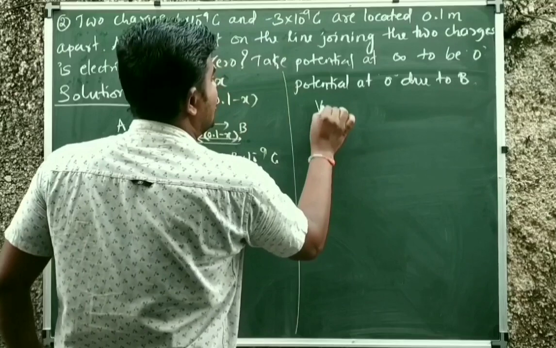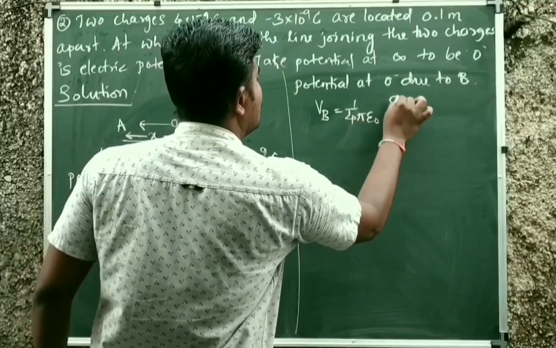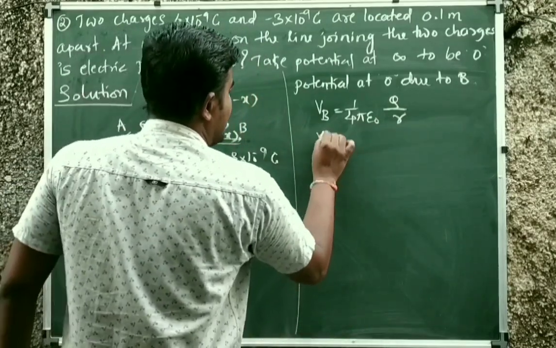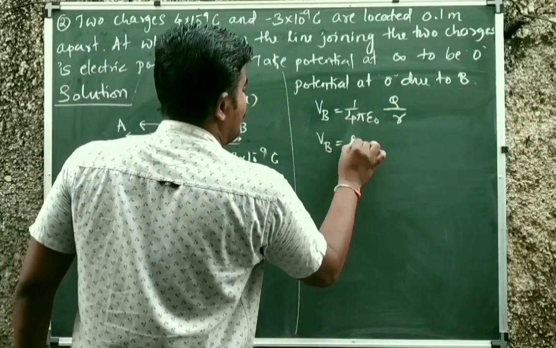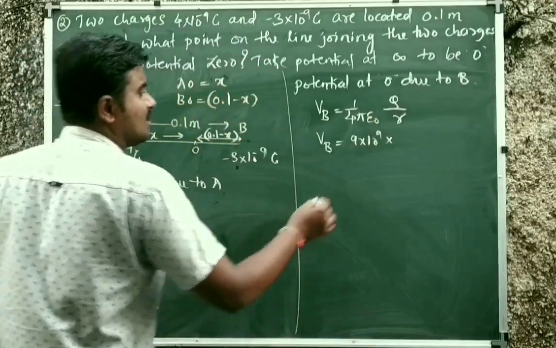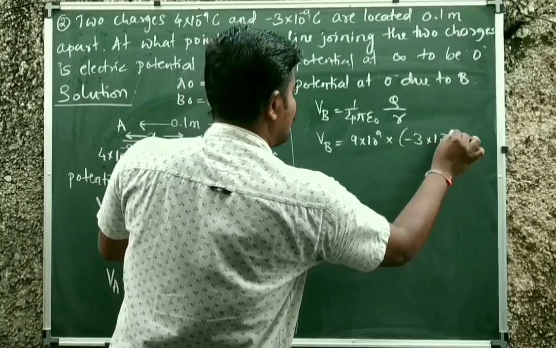Now VB, potential at O due to B. Once again, VB is equal to 1 divided by 4 pi epsilon naught Q divided by R. This is the potential due to point charge formula. VB is equal to 9 into 10 to the power 9 times Q value, which is minus 3. With sign we are supposed to write the polarity.